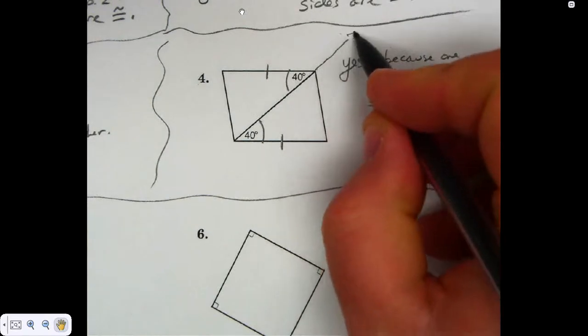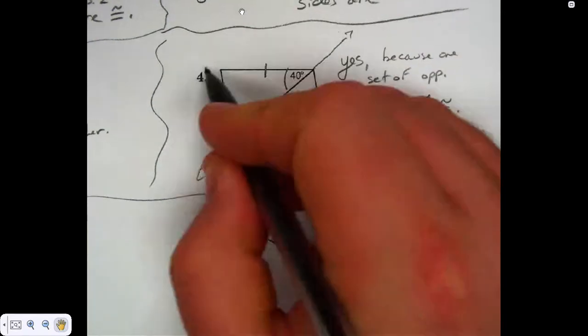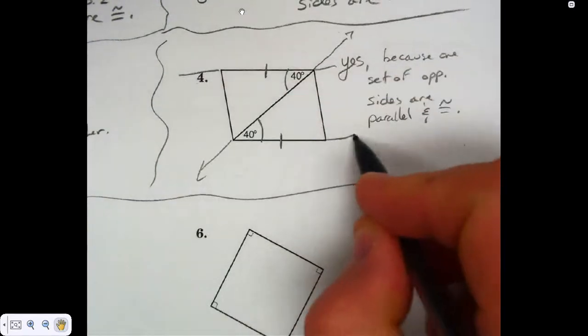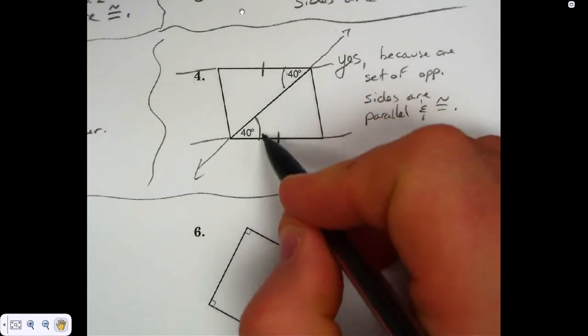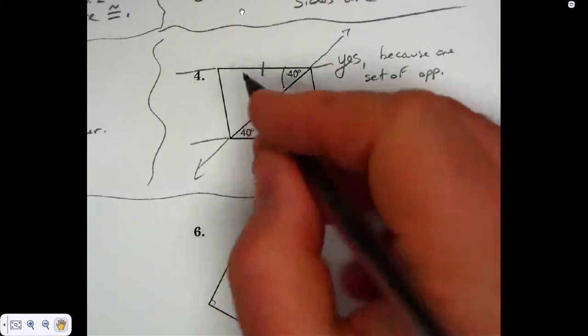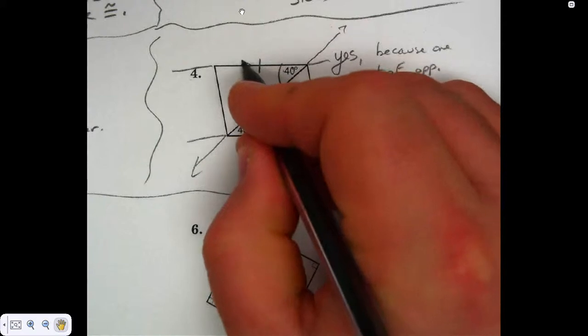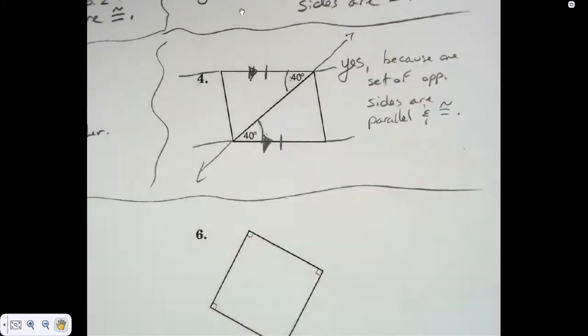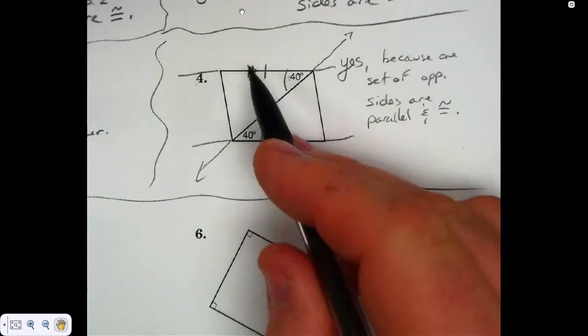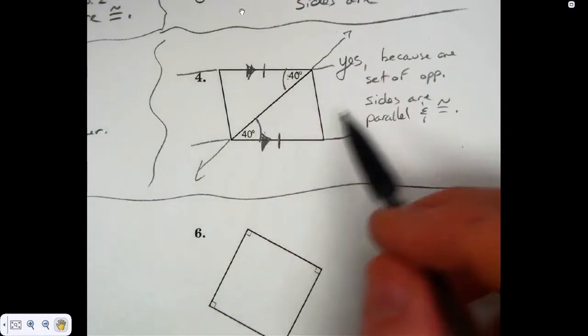Is this not two lines being cut by a transversal? And if the alternate interior angles are congruent, what do I know about these two lines? That means this has to be parallel to that. So that's how I got to this.